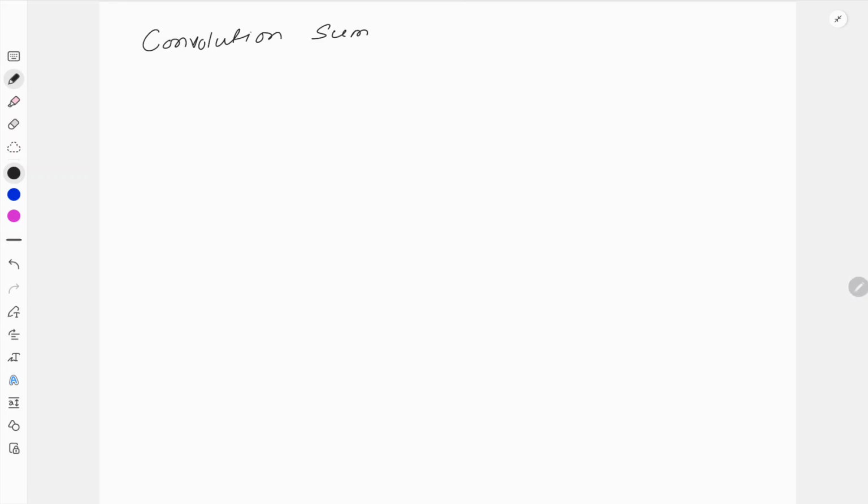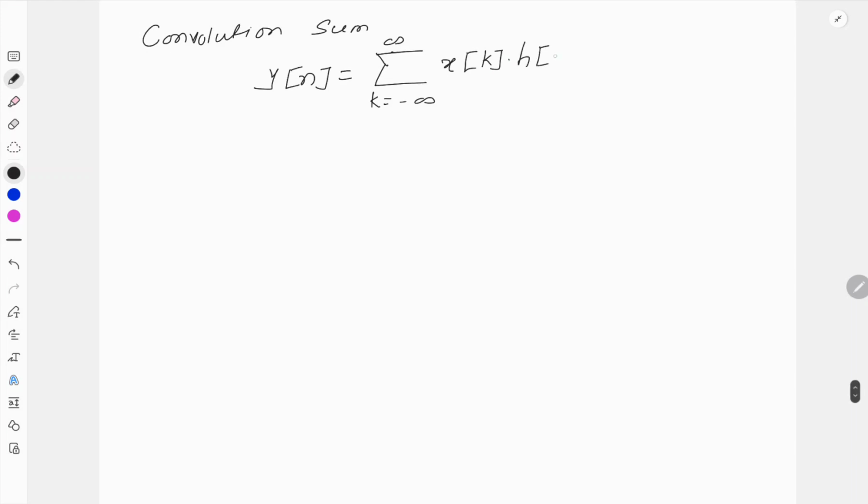On the same grounds, we can now derive the equation for the convolution sum. I'll directly state the equation now. For the convolution sum, it is a discrete signal. So the output y of n will be equal to the summation, the integration being replaced by summation, k equal to minus infinity to plus infinity, of input x of k into the shifted impulse response h of n minus k.